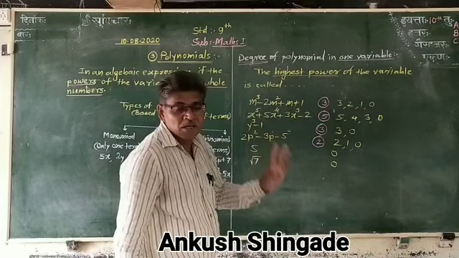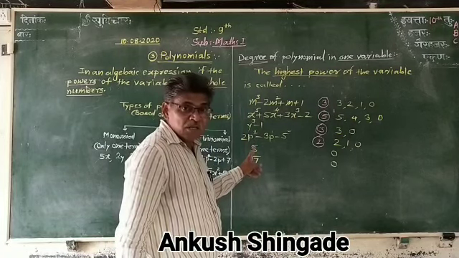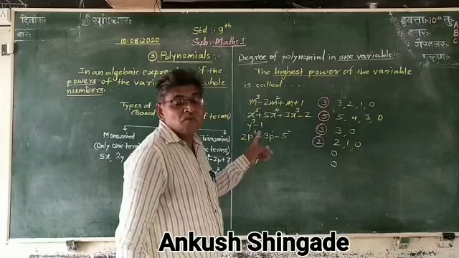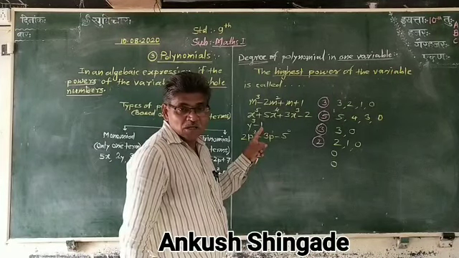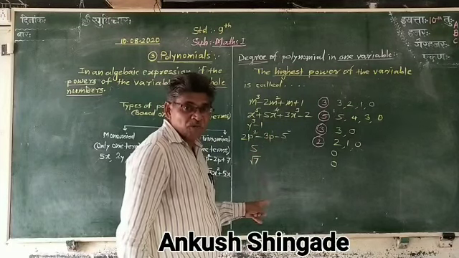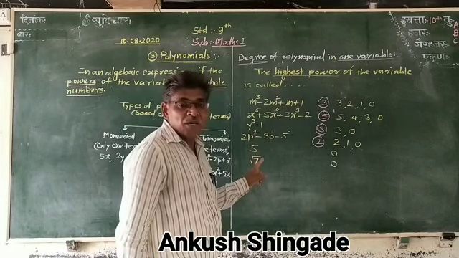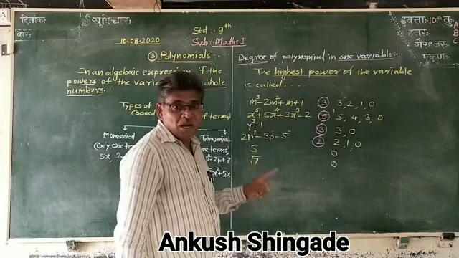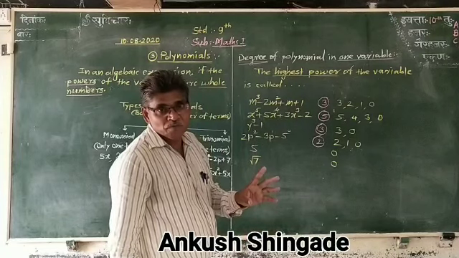It doesn't vary, doesn't change. That means the values of these types of polynomials are constant. So we call them constant polynomials, and the degree of a constant polynomial is always 0.